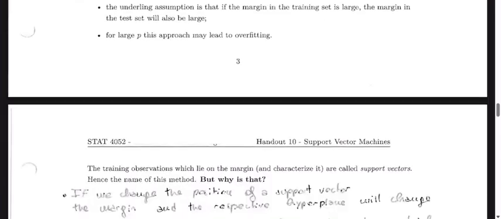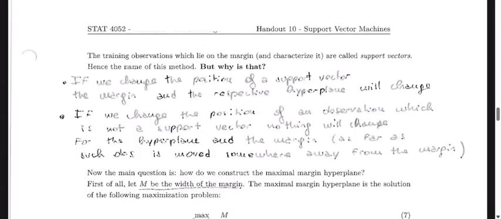If we change the position of an observation which is not a support vector, nothing will change. It is only when we change the support vector that the margin and the respective hyperplane will change.